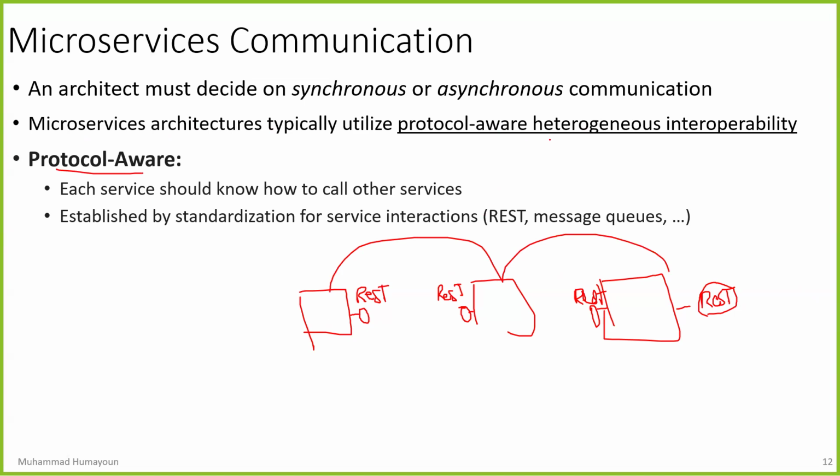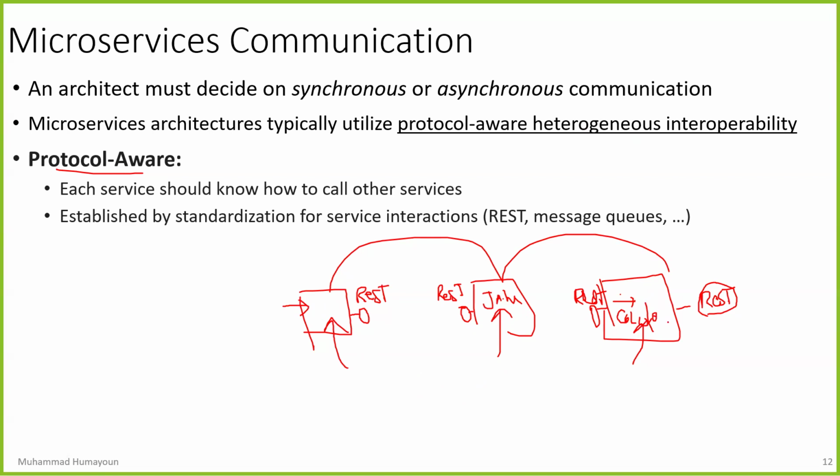Once you do that, the inner workings of each service become heterogeneous. How I implement that service is none of the concern of this one and this one. I can do this one in Python, and this one in Java, and this one maybe in COBOL, a very old library I'm using, for some insurance calculation and stuff like that.